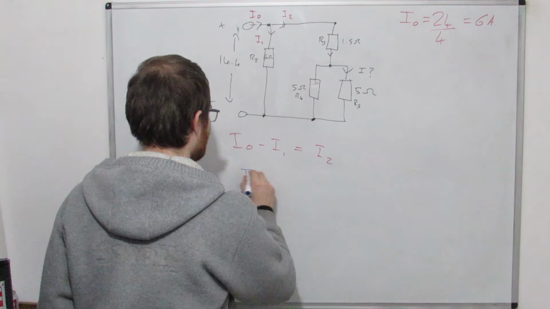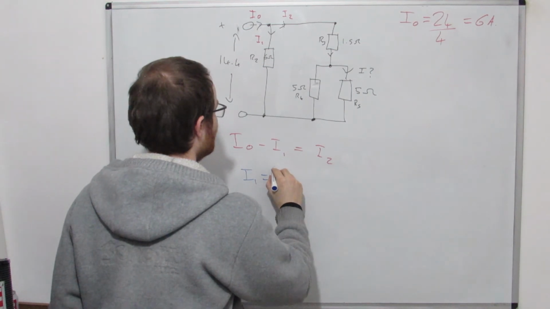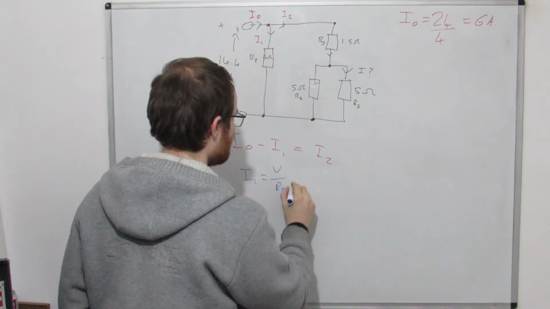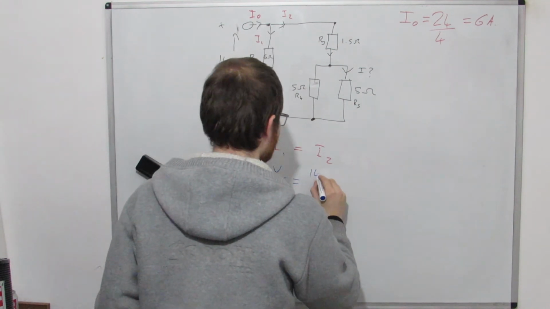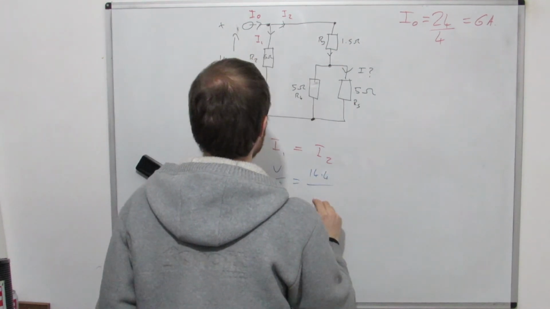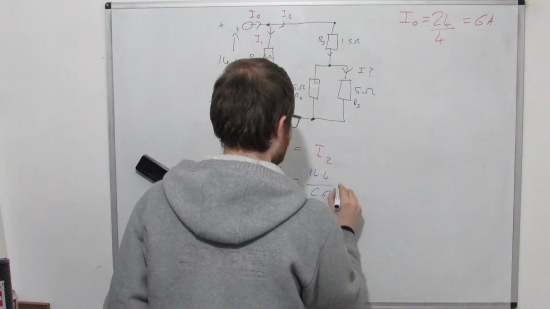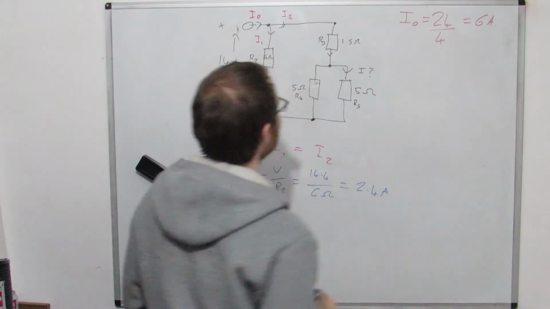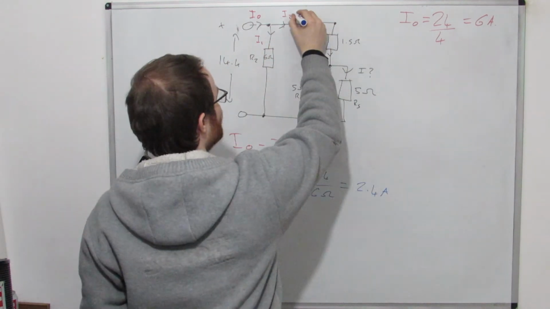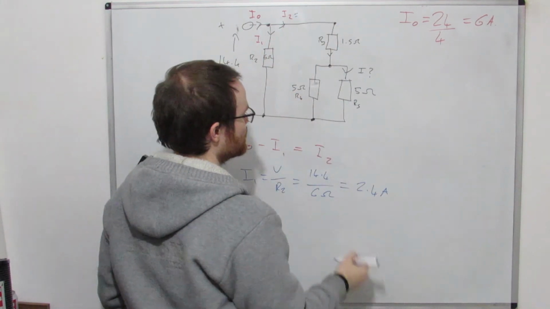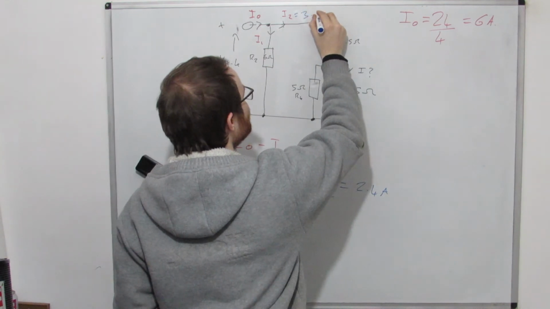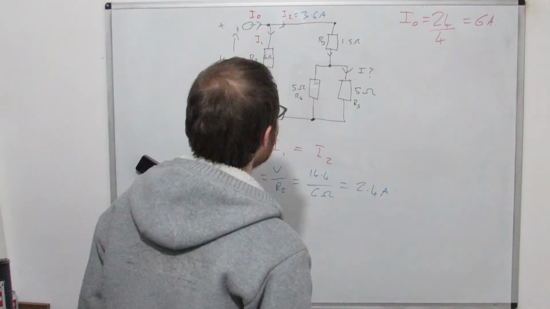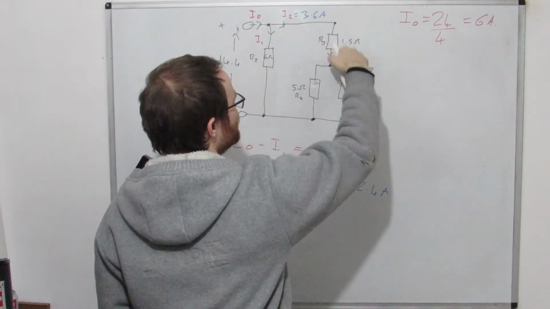We know that I1 equals V, which is this voltage here, over R2, equals 14.4 divided by 6 ohms, equals 2.4 amps. Therefore, this I2 going this way is 6 minus 2.4, which is 3.6 amps. Oh, we're so close now. So now we know we've got 3.6 amps flowing down here.